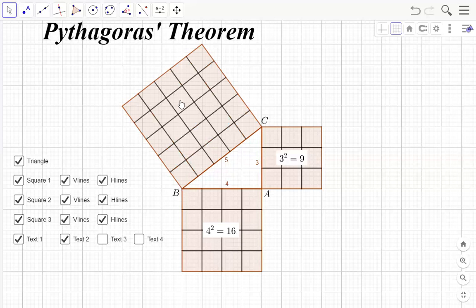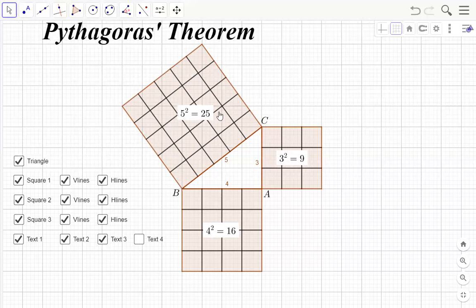The vertical and horizontal lines intersect to form 25 squares of unit 1 centimeter squared. Let's count: 1, 2, 3, up to 25. So you see, that gives 25. That's 5 squared equals 25.